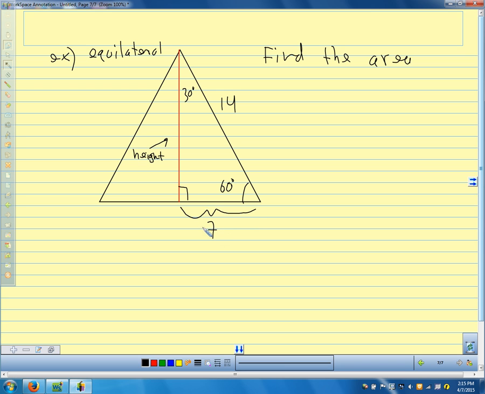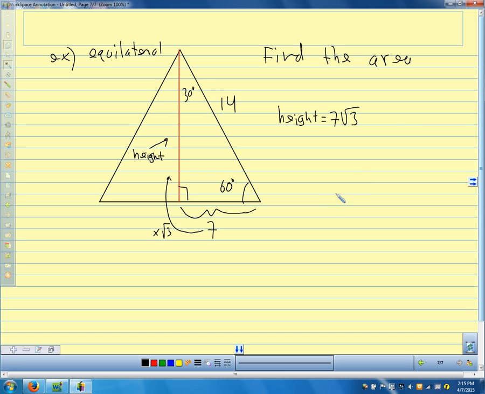Is 7 the short, the long, or the hypotenuse for the 30, 60, 90? Short side. How do we go from the short to the long? Multiply by square root of 3. You multiply by 2 to get the 14. So the height equals 7 square root 3.